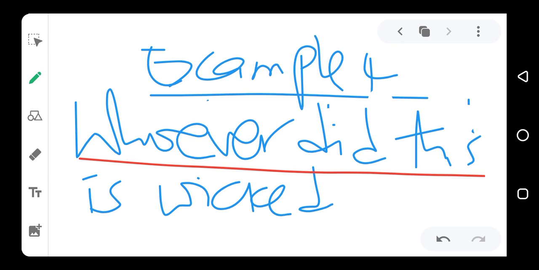If we are asked to identify this part of the sentence, by being introduced with whoever, our mind will go to noun clause.